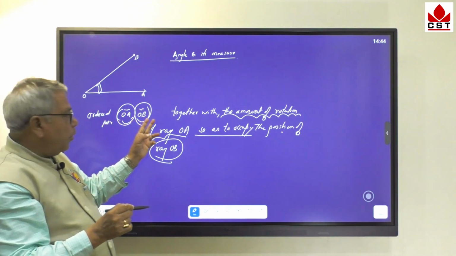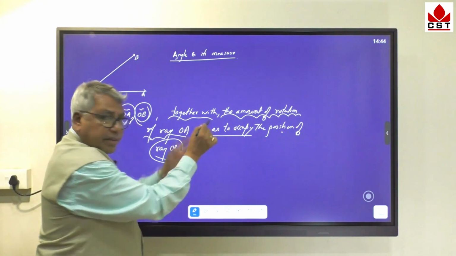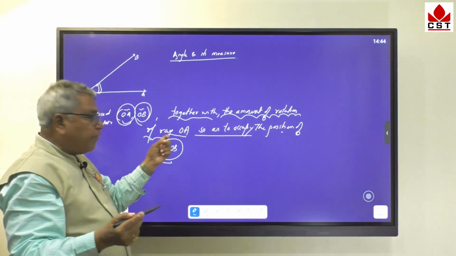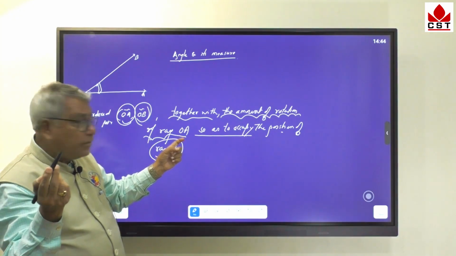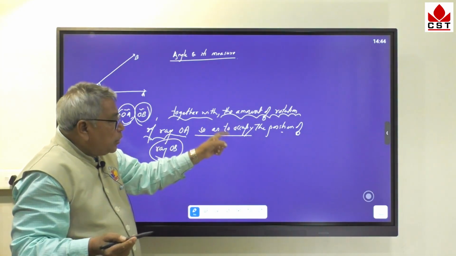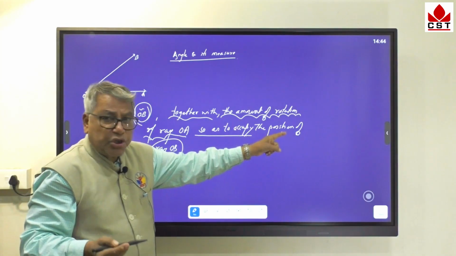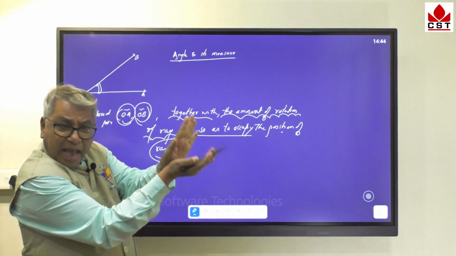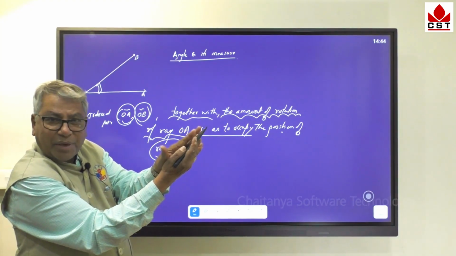Ray OA, ray OB. Together with them, the amount of rotation of ray OA so as to occupy the position of ray OB. OA rotates and occupies the position of OB.